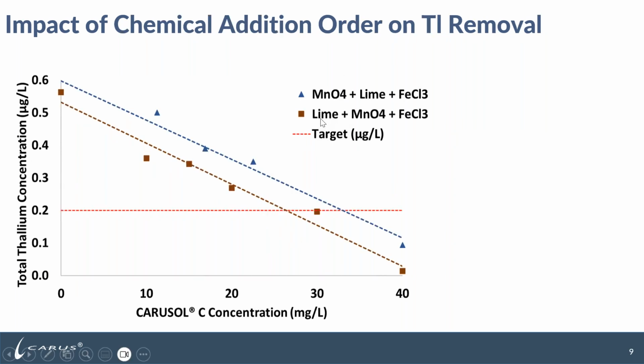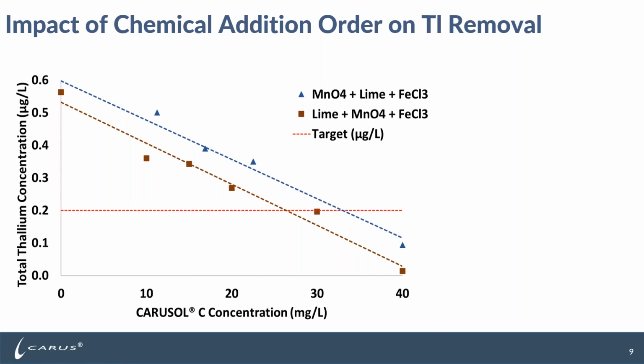The next data set here shows an evaluation of the impact of the order of chemical addition on thallium removal. So again, the data in blue shows thallium removal using the current strategy of applying oxidant first, then adjusting to pH 9 with lime. The data in brown, on the other hand, shows thallium removal by adjusting the pH before adding the oxidant.